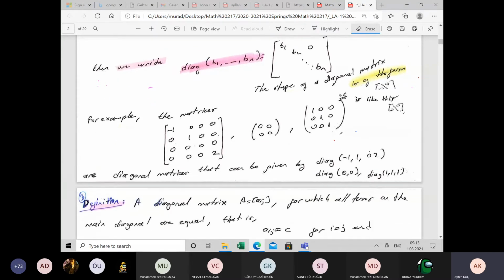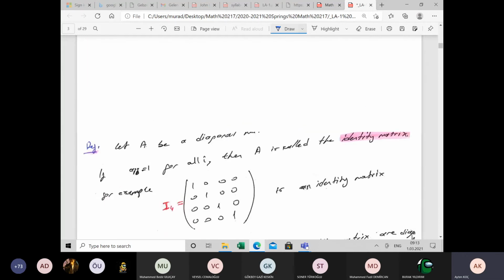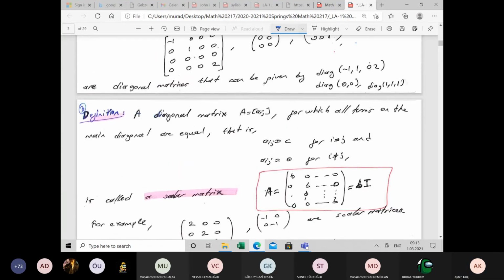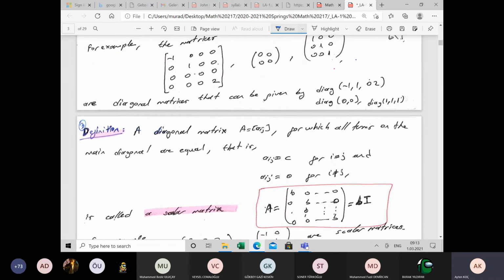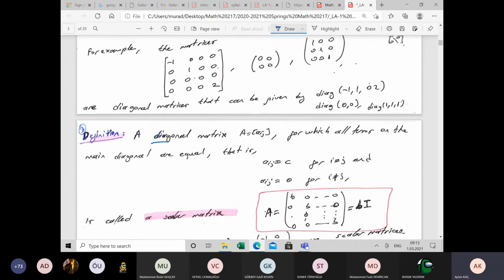Take the n by n matrix A. This is important: diagonal matrix means our matrix should be square, and these parts are 0, these parts are 0.